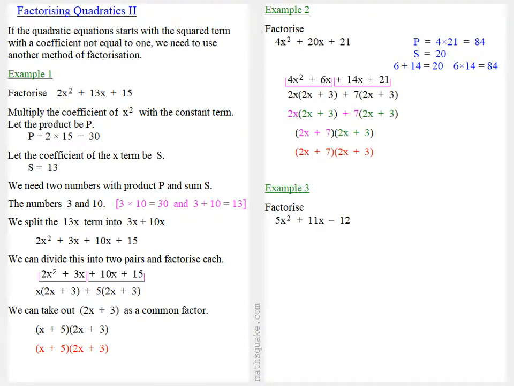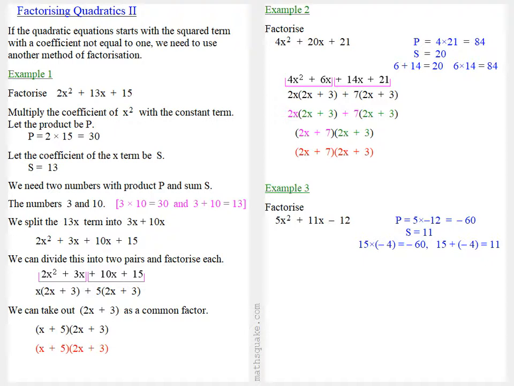If we look at example 3, we're asked to factorise 5x squared plus 11x minus 12. Now p is 5 times minus 12, which is minus 60, and s is 11. We want two numbers that multiply to make minus 60 and add to make 11.